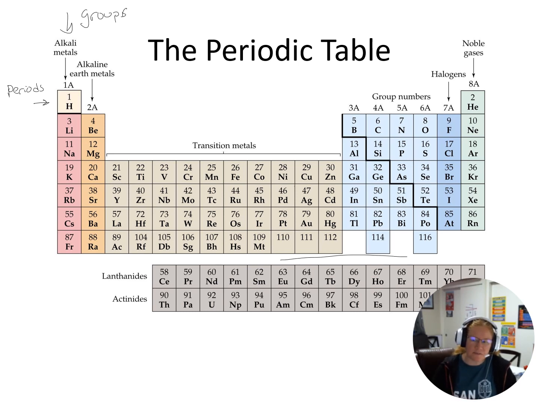Now with the groups, what's really cool is some of the numbering of the groups gives us some really important information. So over here, my alkali metals, those are in group 1A. Okay, 1A, we have one valence electron.